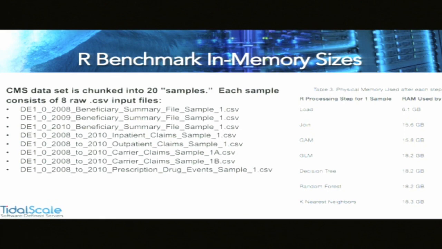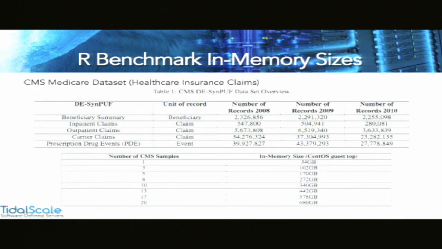And then as you apply the algorithms, it occupies more RAM in memory, up to 18 gig per sample. Now that's according to R. According to TOP, actually, that 18 gig is in fact 34 gig, or at least TOP says it's 34 gig. And you can see that's how we get up to the 680 gig. So when you load 20 samples, you're at 680 gig in RAM in R, and then a little detail on the data set.